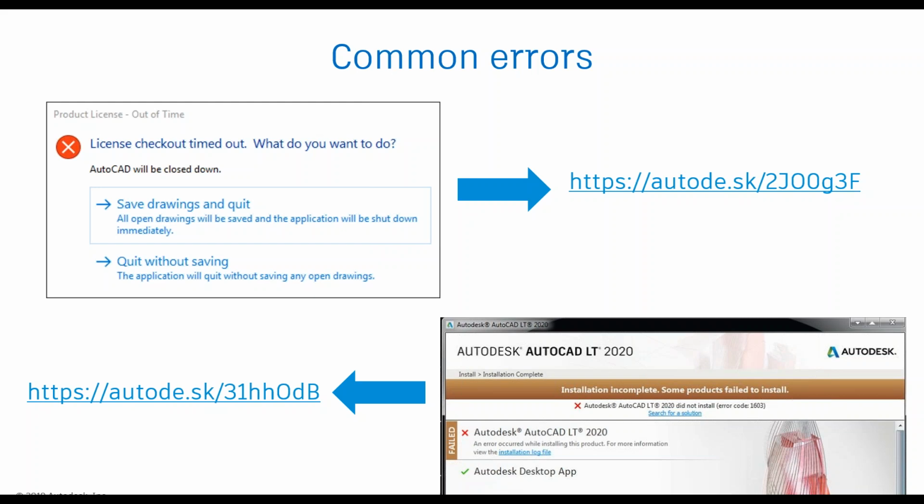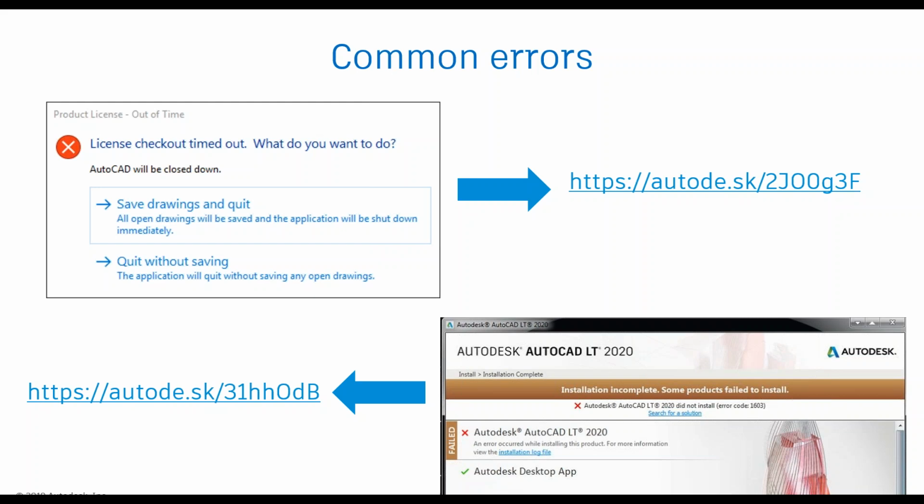It's an umbrella error that is just a symptom of one of the components of ADSK licensing not working correctly. I've linked here the knowledge base article, but we're also going to see what to check and how to proceed when this error comes up.